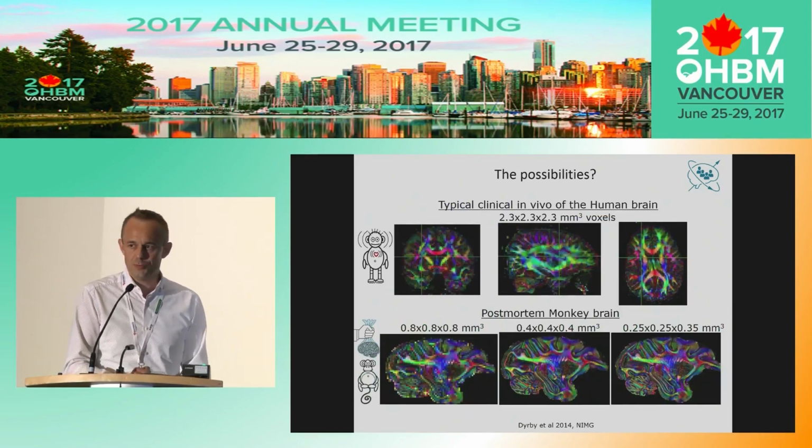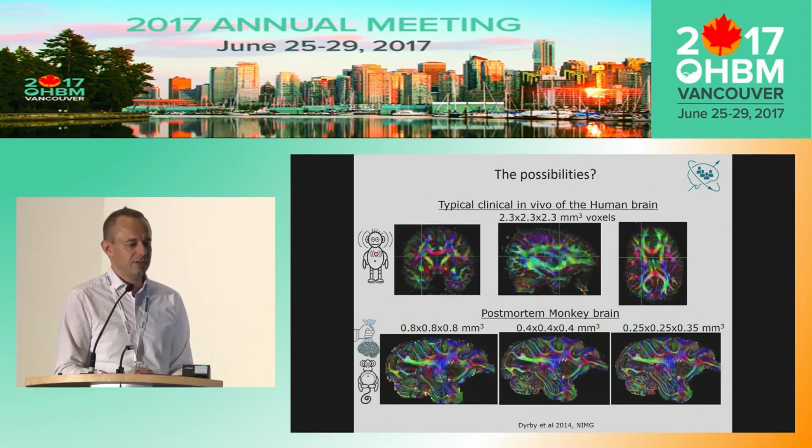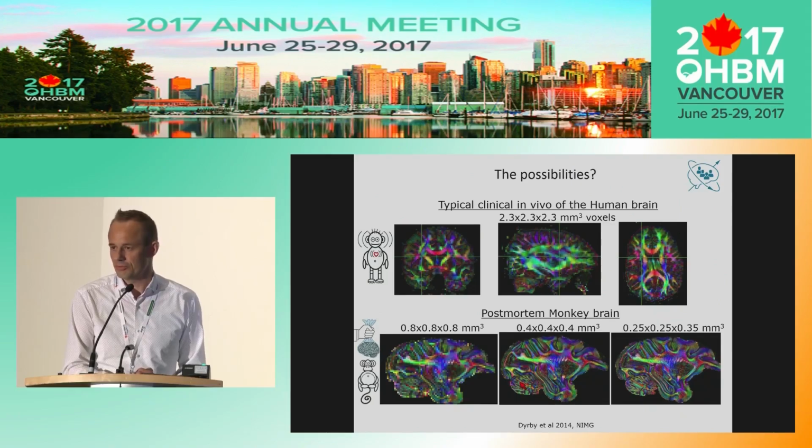Okay, what can we use postmortem for? Well, this is an example of a typical clinical human dataset from our clinical scanner, 2.3 isotropic voxels. You can go higher with a human connectome. But if you just take a postmortem monkey brain here, then you can see immediately that you can go to very high resolutions using this setup that I described.